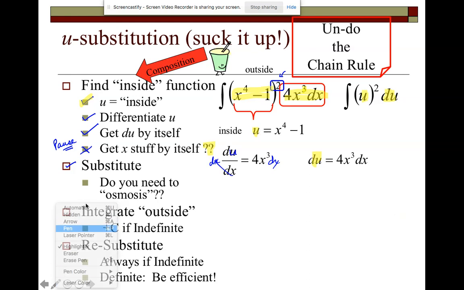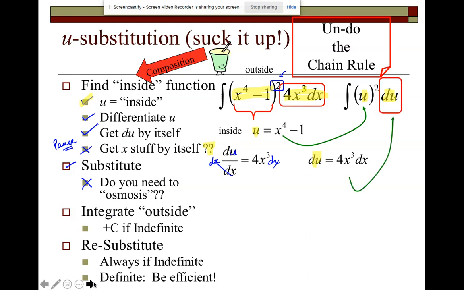I don't need to osmosis anything. That is an optional step. Integrate your outside function. You know how to integrate stuff squared, don't you? Which rule is that? Is that the power up or is that a trig rule? Oh, hello, it's a power up, right? You're going to have u cubed over 3. There's my u. There's my du.